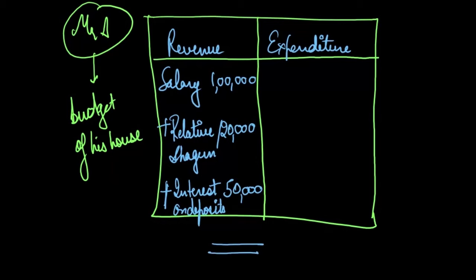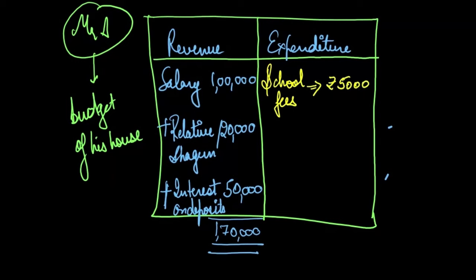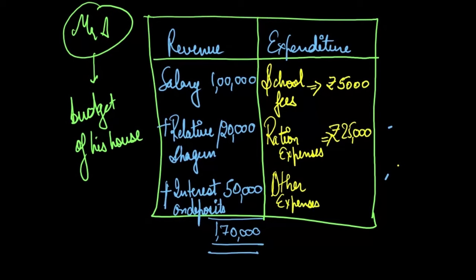What's his total revenue? 1,70,000. But he will have to pay school fees of his kids, around 5,000 per month, ration expenses around 25,000 per month, and other household expenses around 50,000.